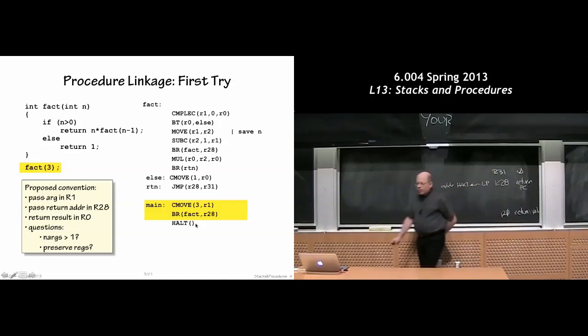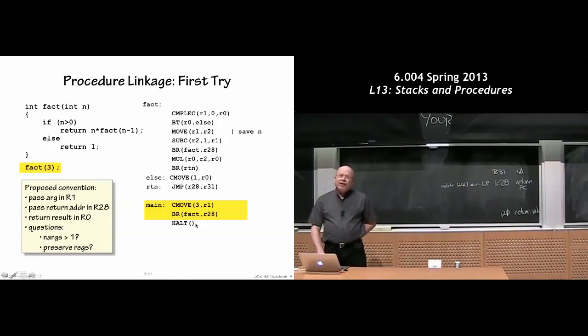Okay, and actually what it puts in is the address of the instruction following the branch. So if you go back and look at what branch does, the thing it sticks into the destination register, this R28, is the address of the following instruction. And you can see why we designed it that way, because we intended branch to be used for procedure call.